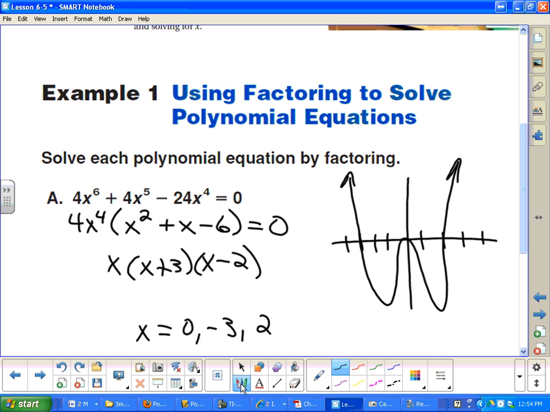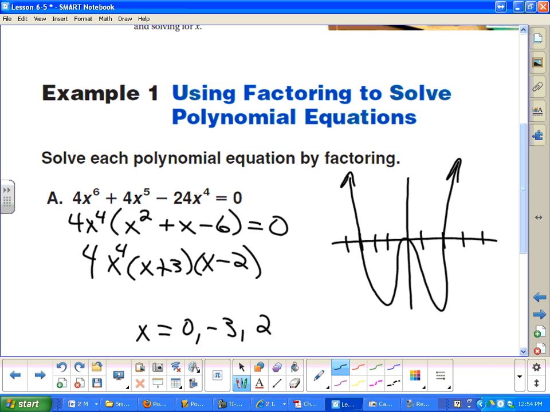So when I factor that, we have x plus 3 and x minus 2 as the factors of x squared plus x minus 6. The only difference is that this needs to be 4x to the 4th power. There I factored it.